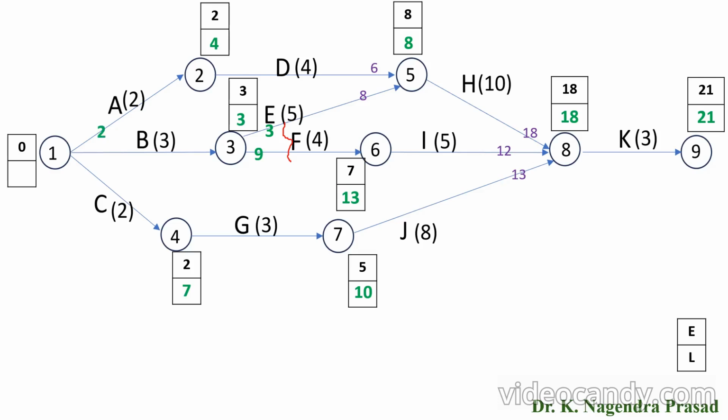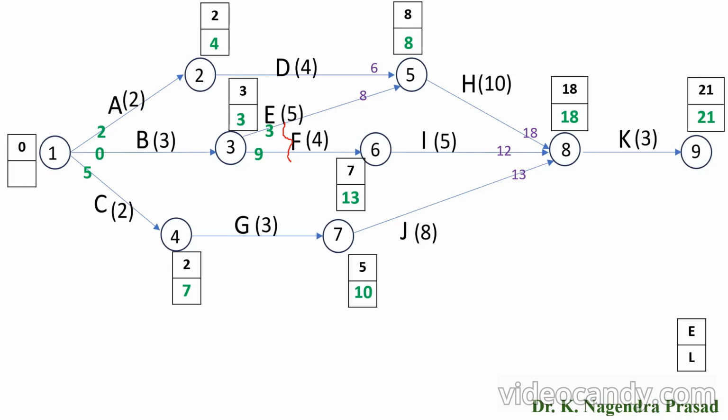Next we have to look for activity A. Finish time is 4, start time will become 4 minus 2, it is 2. Similarly for activity B, finish time is 3, start time will become 3 minus 3, 0. Similarly for activity C, finish time is 7, start time will become 7 minus 2, that is 5.